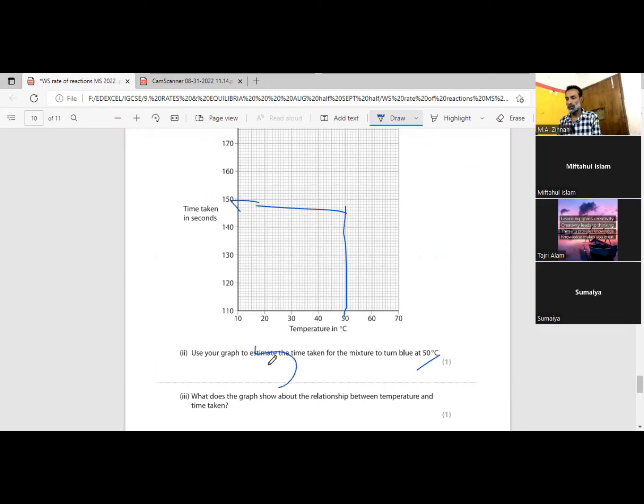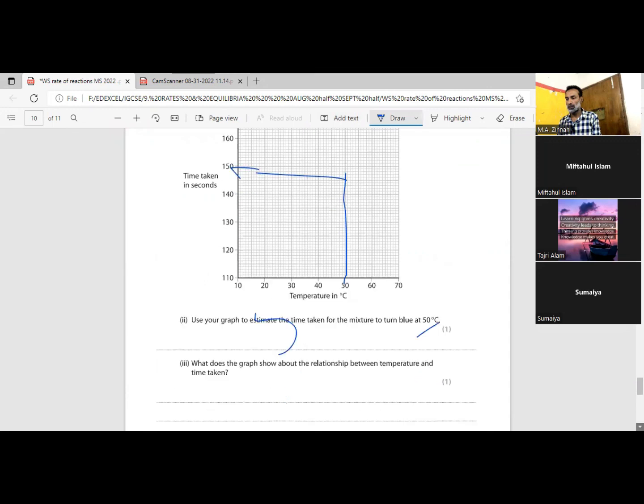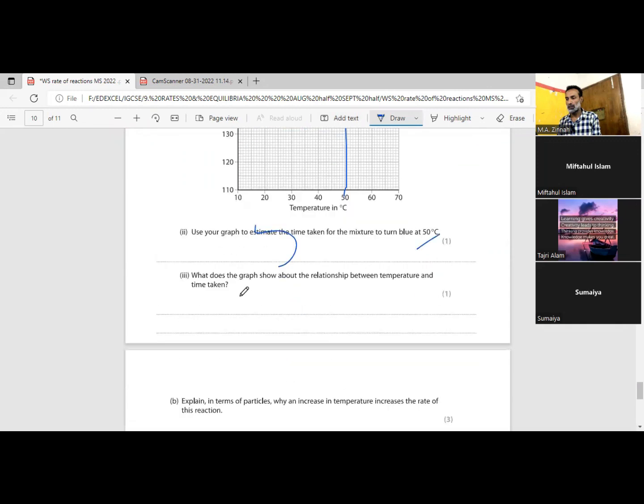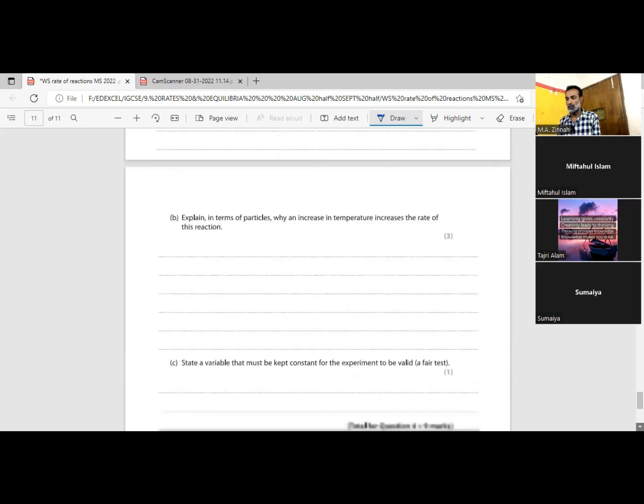That is the result. What does the graph show about the relationship between temperature and time taken? 1 mark. Directly proportional, okay.